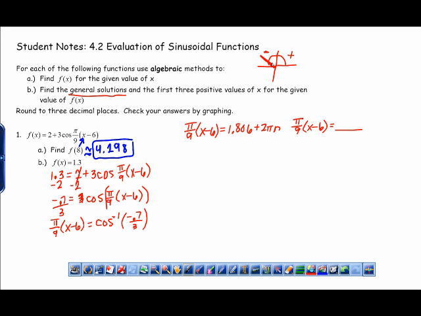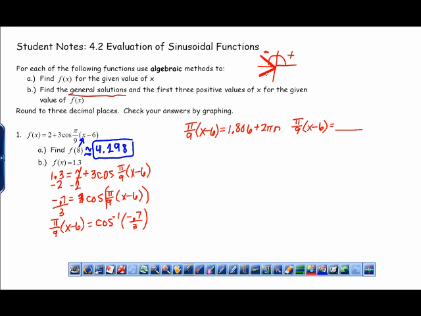It may be hard to tell since pi is not in there, but my ratio is negative, and 1.806 is less than pi and more than pi over 2, so this 1.806 is in the second quadrant. Now, what is the other quadrant I would need to go to where cosine is negative? Okay, all students take calculus, so I would want to also go to this one.